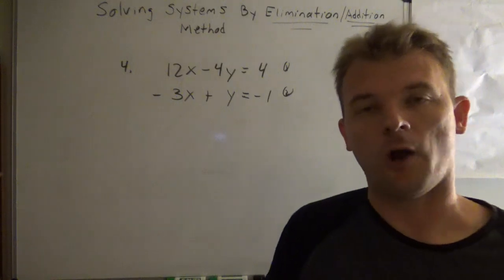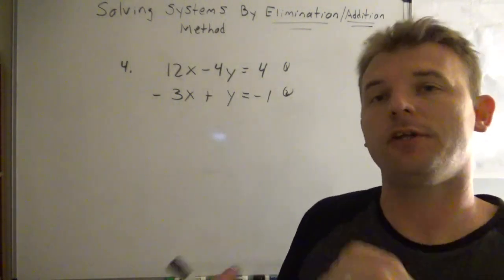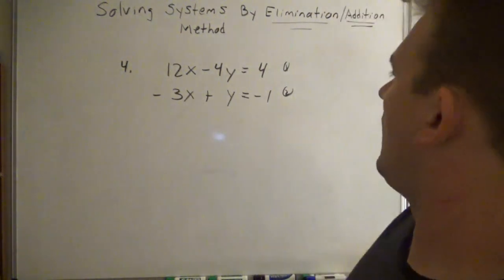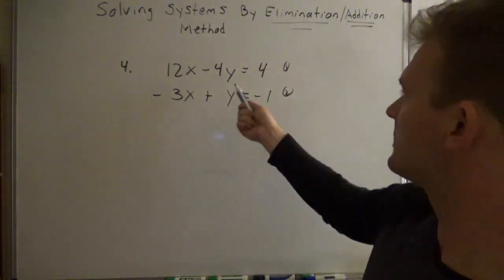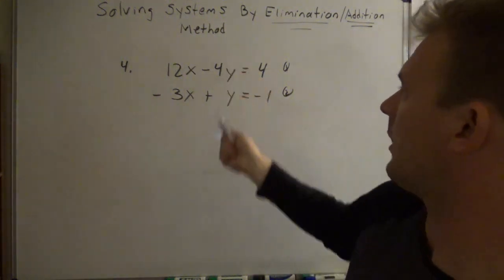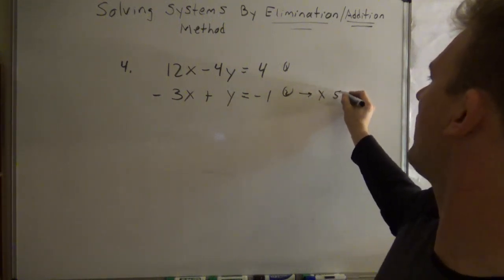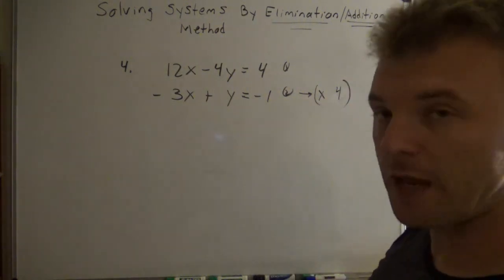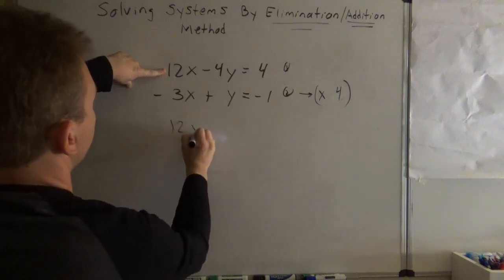Okay, so I hope that you paused this video and tried this, because this is something that you have to do. So let's see what you got. I hope that you said that, well, I need to get rid of one variable, so I'm going to get rid of the y's, because all I have to do with the second equation is times it by 4. So if I times it by 4, the first equation I didn't touch, so I'm just going to rewrite it.